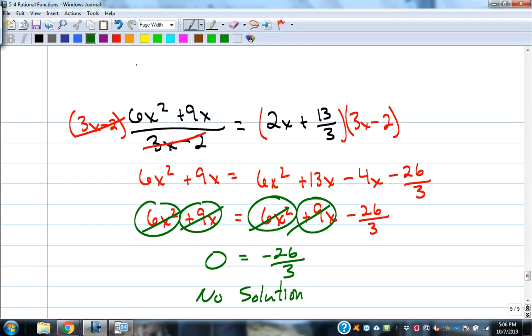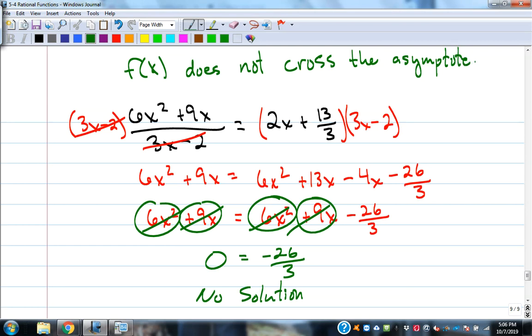So we know f of x does not cross the asymptote. Okay, that's what this tells us, because we didn't get a solution. If you get a solution, it does cross the asymptote.